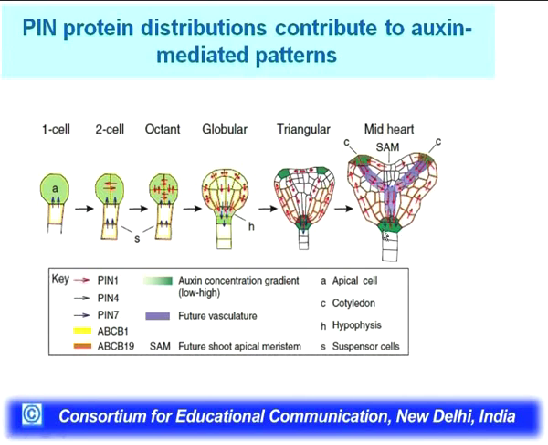So, auxin will be present in this hypophysis part and the tip of the cotyledon, but very little in the area where the shoot apical meristem comes, and PIN proteins play a very important role in determining where and how much auxin will be accumulated.